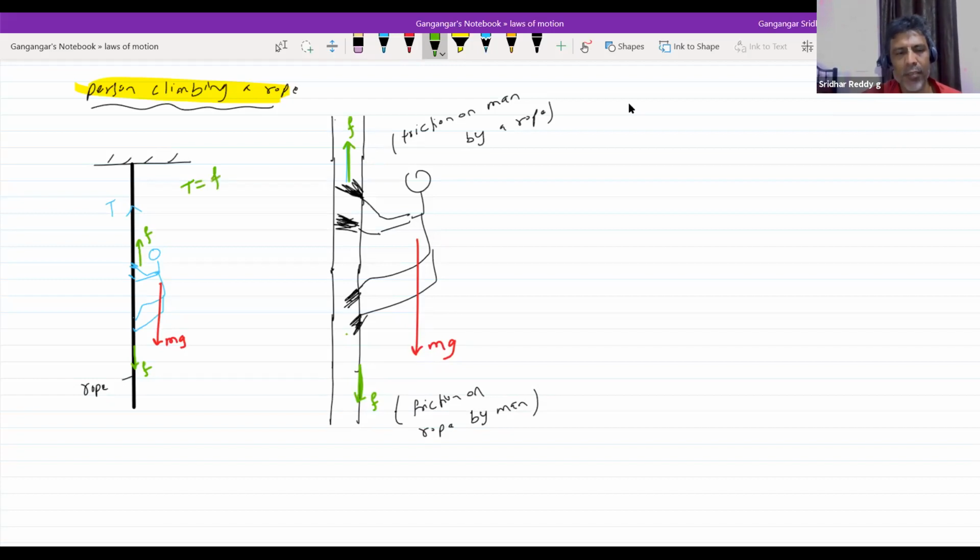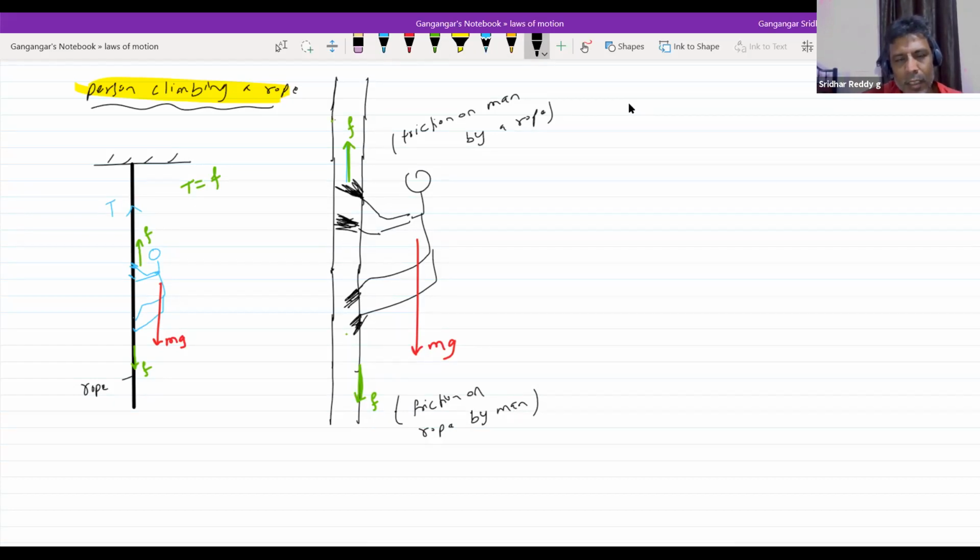Tension is equal to F here. If you take the rope as part of the system, then this F will become internal, no? So what is the force acting now? T is equal to F.